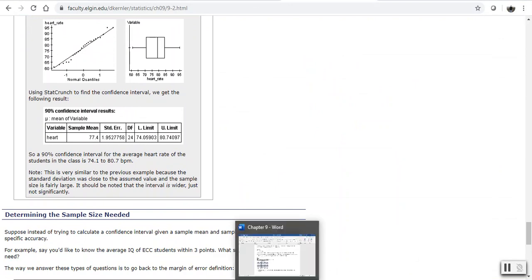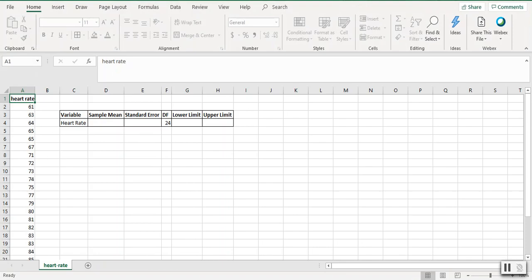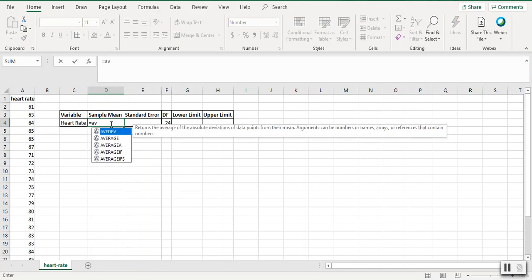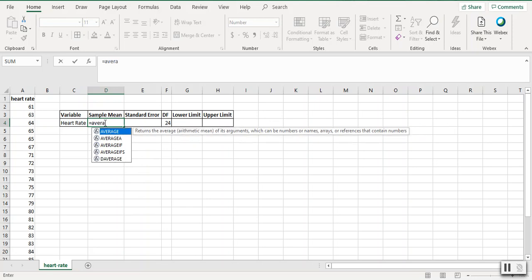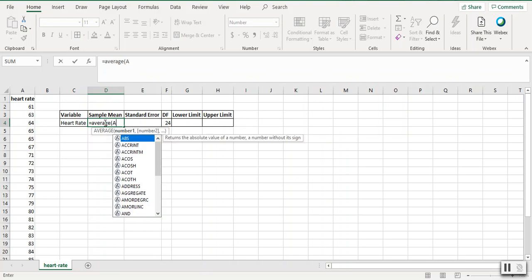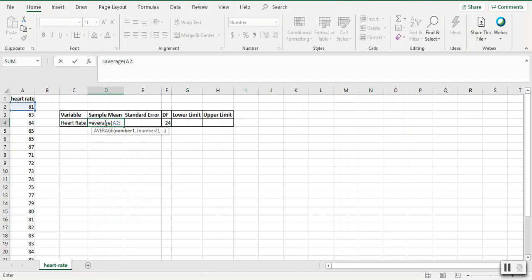Now I'm actually going to show you how we can get that information. For example, I'm going to use Excel, and I'm going to say equals AVERAGE, and then tell it from where to where, so A2 to A26.